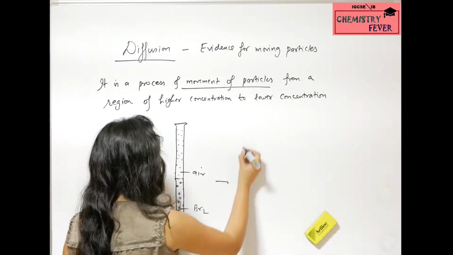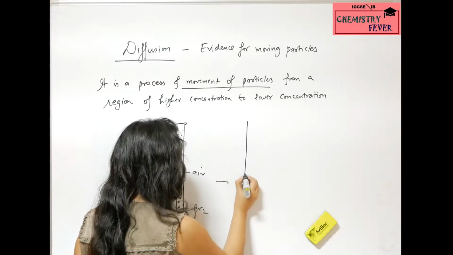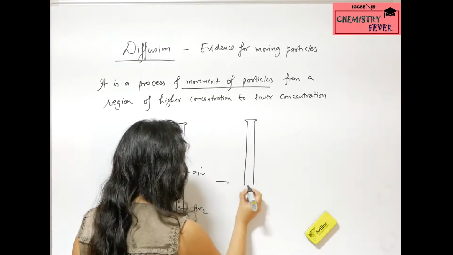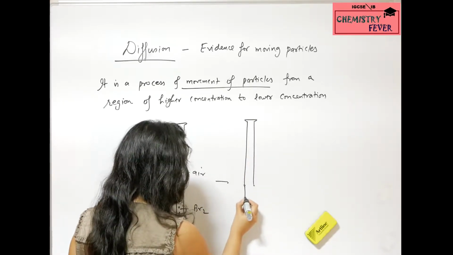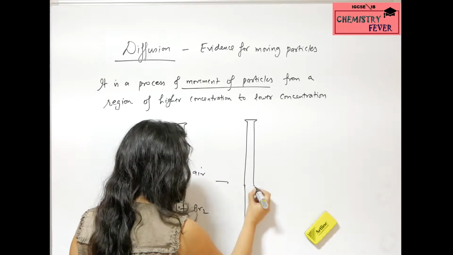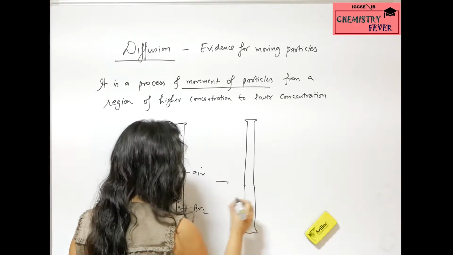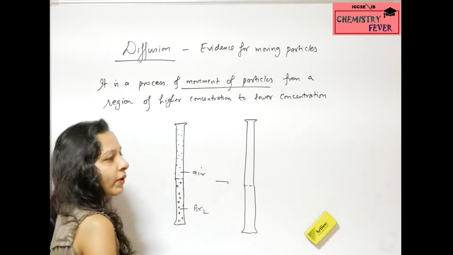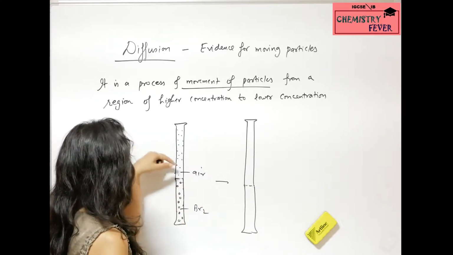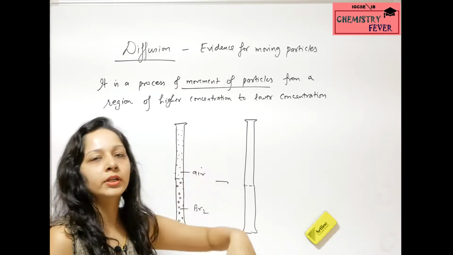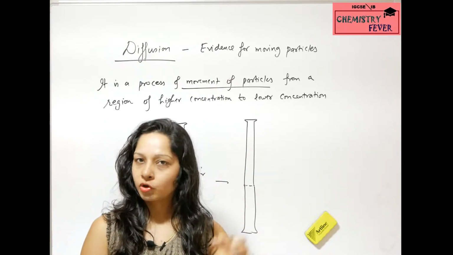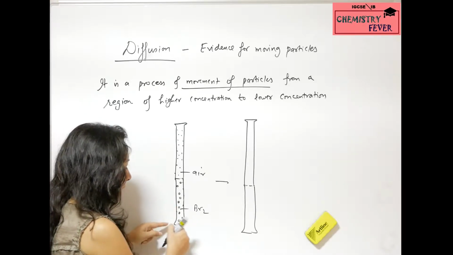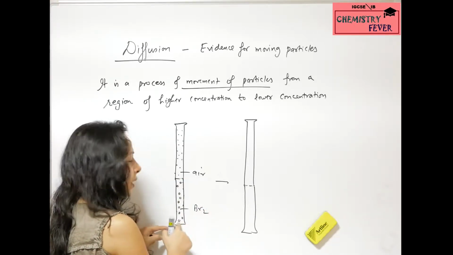The next setup: I have taken one measuring cylinder or container containing bromine and the other container containing air. I have inverted one container over another. After some time what I have seen is, here the concentration of bromine is more.